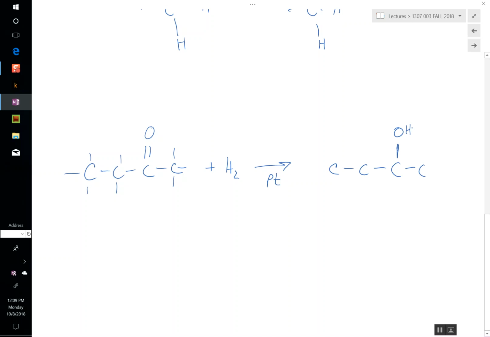We're going to get rid of one bond, but the oxygen is still going to remain attached to that second carbon, and we're going to get a hydrogen on the other side of that second carbon. So we see what we're doing here? Here's our hydrogen. One hydrogen is going there, and one hydrogen is going on this carbon. There's our hydrogen. Right there. And so a ketone plus hydrogen forms a secondary alcohol.